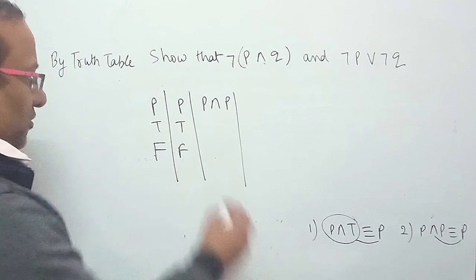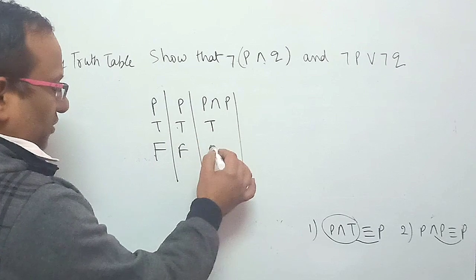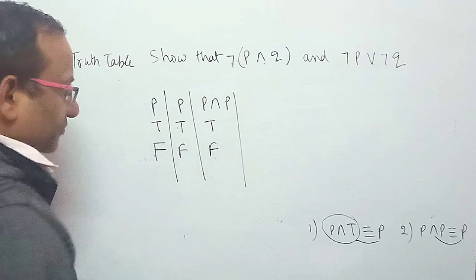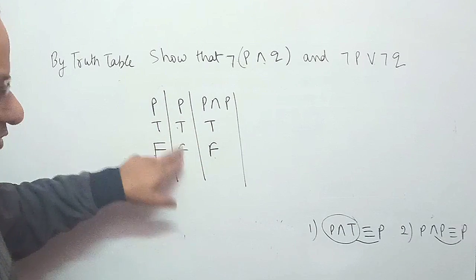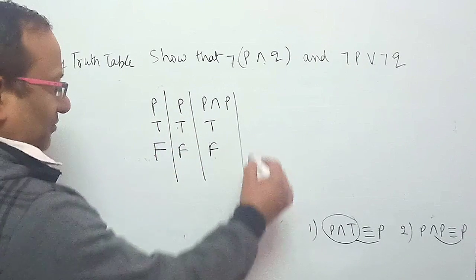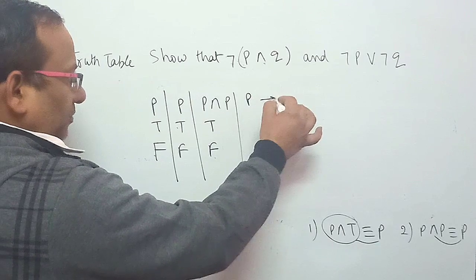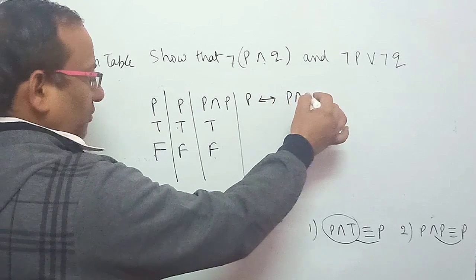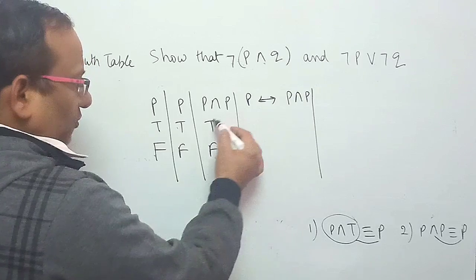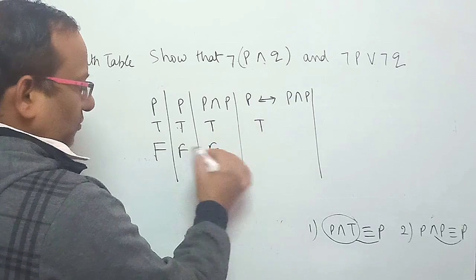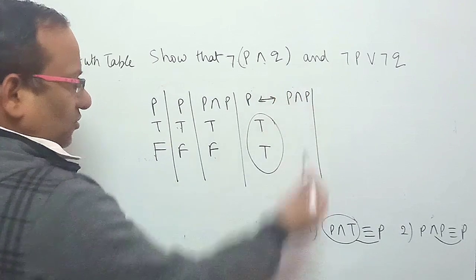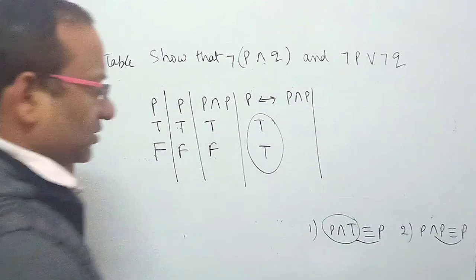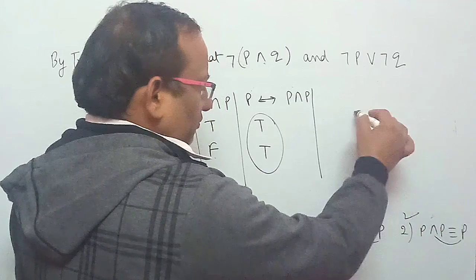So true and true is true, false and false is false. Now this is exactly the same as P. So if we perform P biconditional P and P, we are going to get true, true. So it is a tautology. If this biconditional is a tautology, both are equivalent. So hence it is also verified.